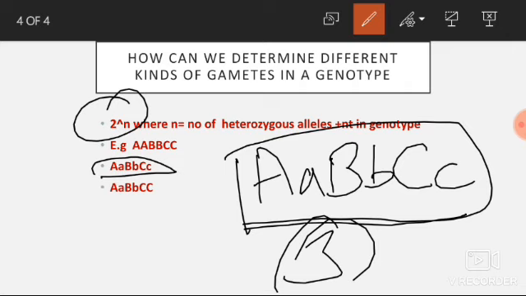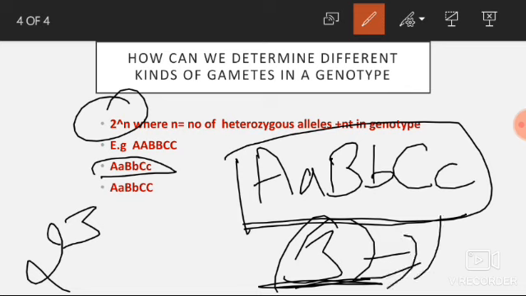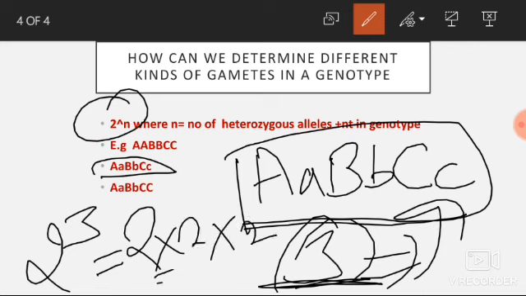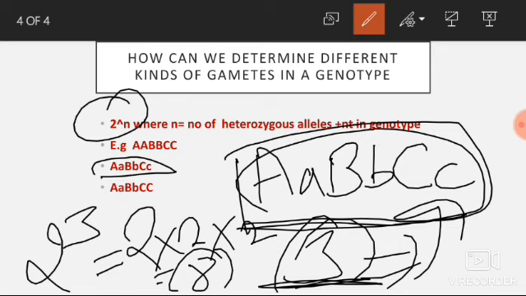So 2 to the power 3 means 2 multiplied by 2 multiplied by 2, that is 8. So if all the alleles are in heterozygous condition, then the number of gametes will be 8.